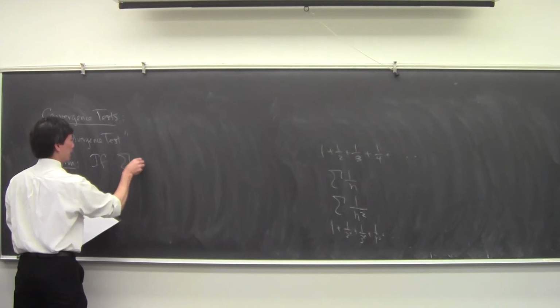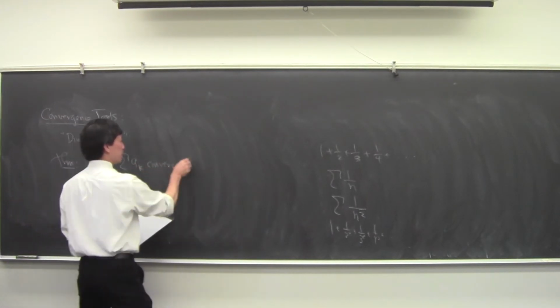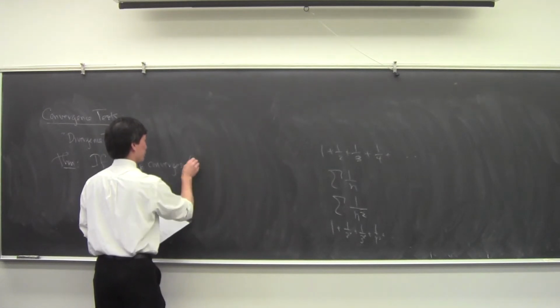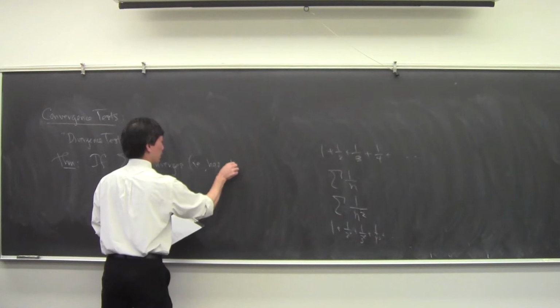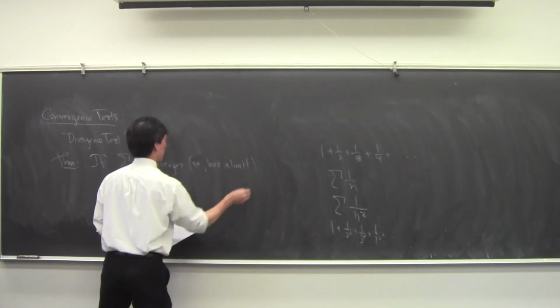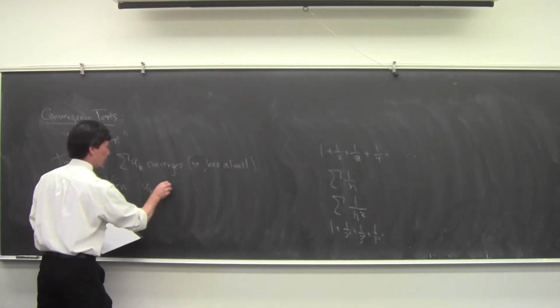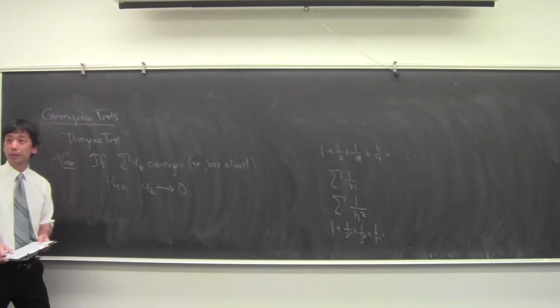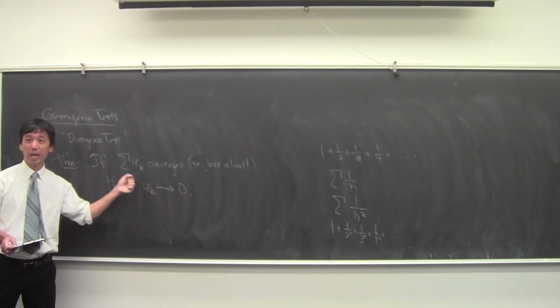If your series converges, in other words, has a limit, then the terms must converge to 0. The terms must become small. The terms have to go to 0.